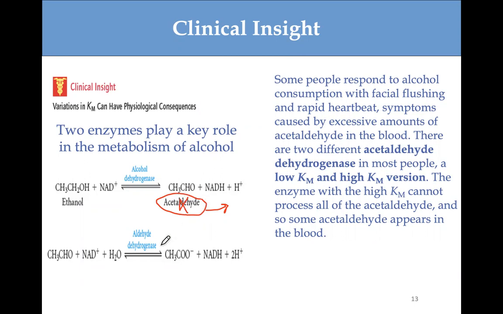Now, acetaldehyde gets converted by acetaldehyde dehydrogenase into other metabolites that won't make any symptoms appear. We have 2 versions of acetaldehyde dehydrogenase. Some people have low Km, and other people have high Km acetaldehyde dehydrogenase. The low Km version has higher affinity for acetaldehyde. So even if we have a tiny amount of acetaldehyde in our blood, the low Km acetaldehyde dehydrogenase will take it and convert it to another metabolite.